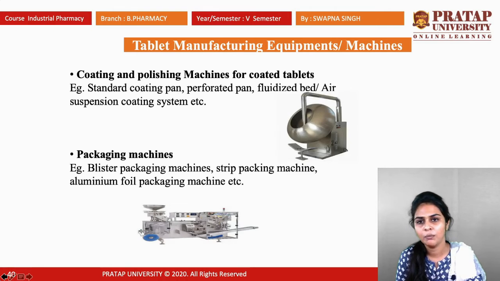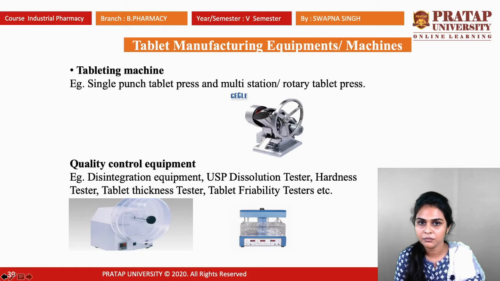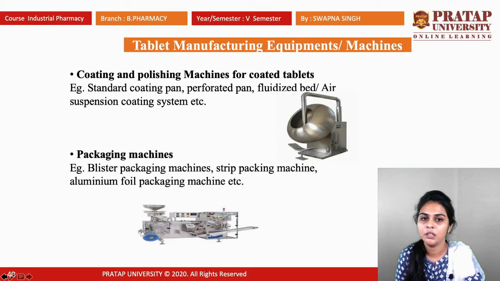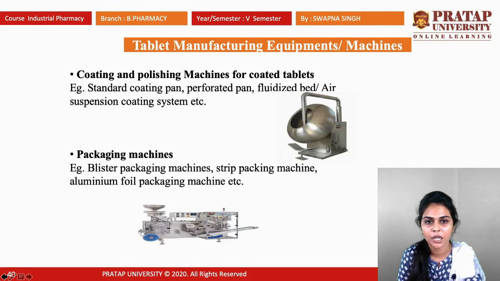Next are coating and polishing machines for coated tablets. After the compression of the tablet, if we need to mask the bitterness of the tablet or provide an elegant product, we perform coating or polishing of the tablet.